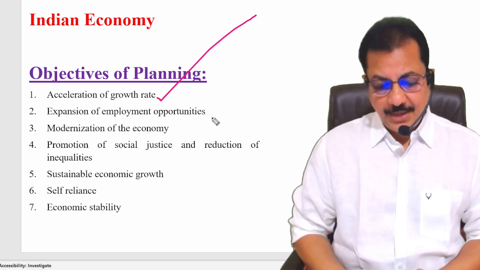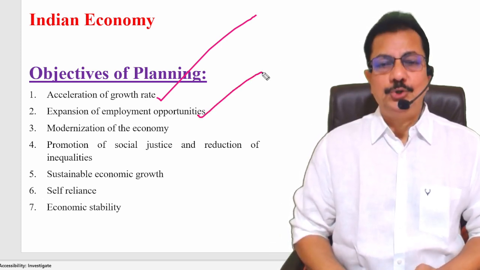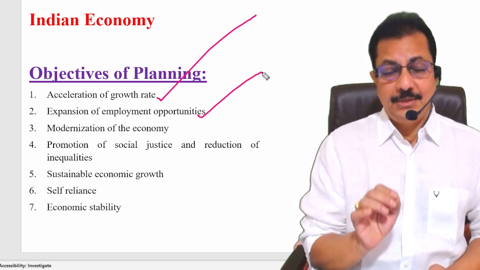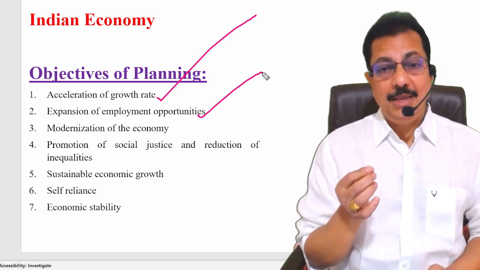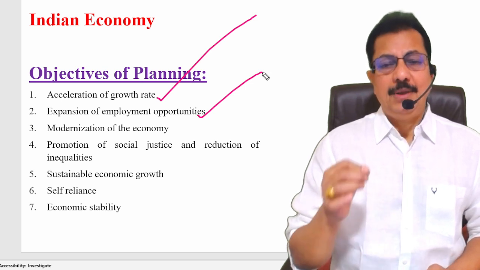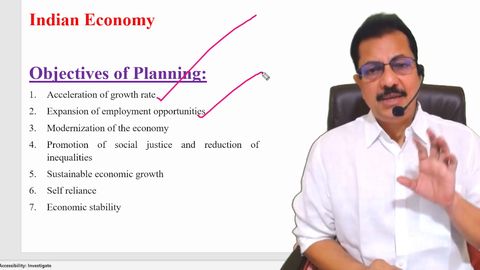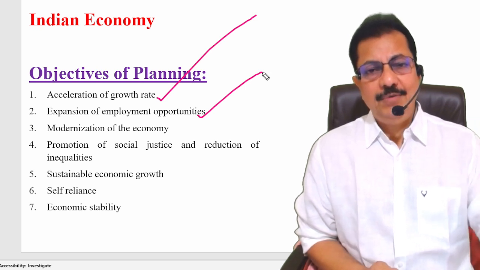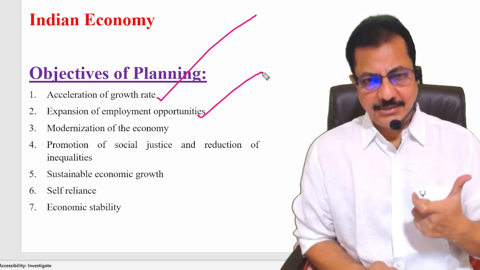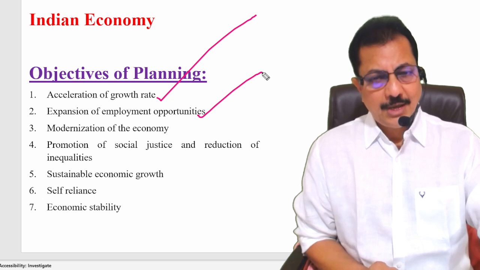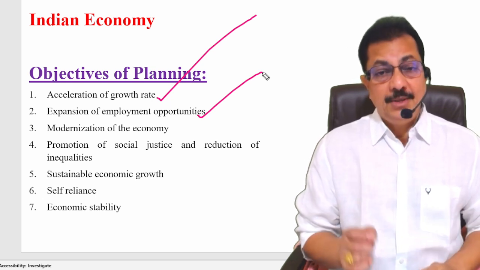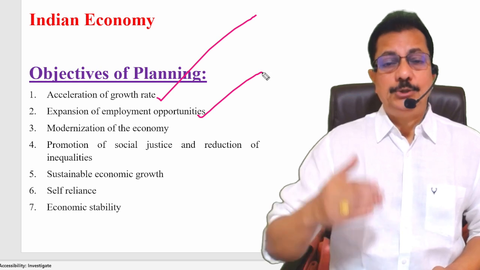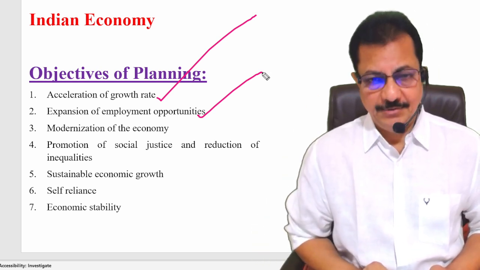Next one, expansion of employment opportunities. If more people are employed, then more people will be earning. As the people are earning, they will have the capacity to spend. When you are spending, you are giving money and taking products and services. When you are consuming products and services, the companies will produce more products and extend more of their services.